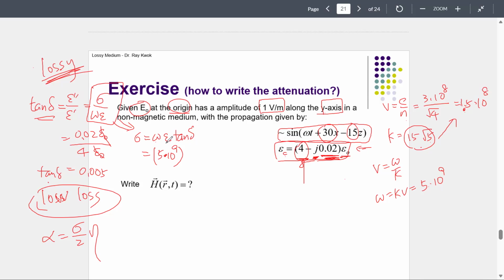What is epsilon? That's my epsilon, epsilon r, right? Which is 4. This is epsilon r times epsilon naught, which is 8.84 times 10 to the minus 12.